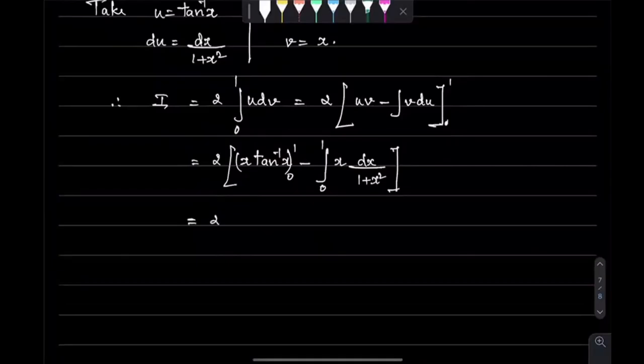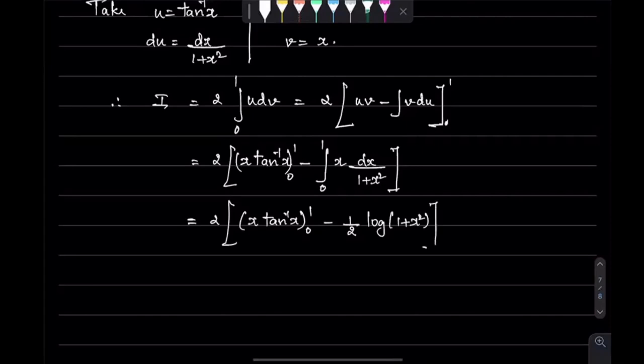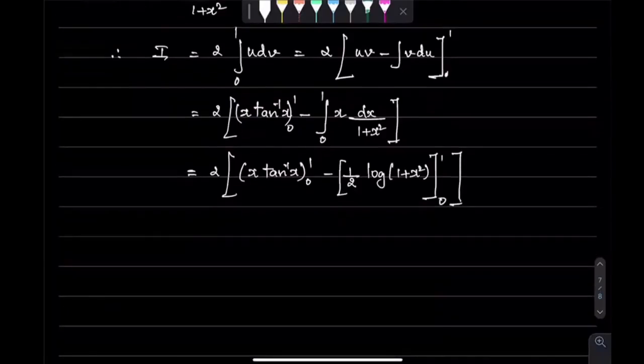So here I have 2 times of, before substituting the limit, I'll have it like this, 0 to 1. The derivative of the denominator is there in the numerator, but 1 by 2 is missing. 2 is missing. So 1 by 2 times of, can I say log of 1 plus x square, children? Yes, sir. So apply the limits. I'll get 2 times of, what is tan inverse of 1?